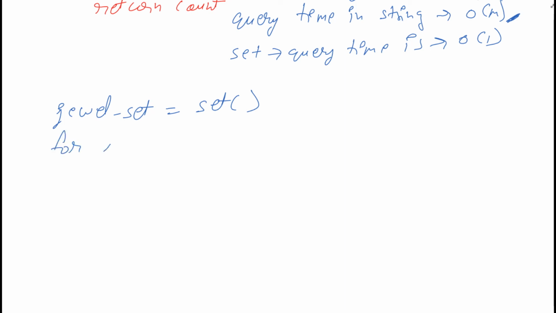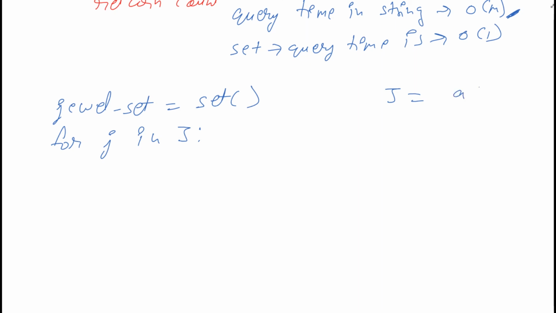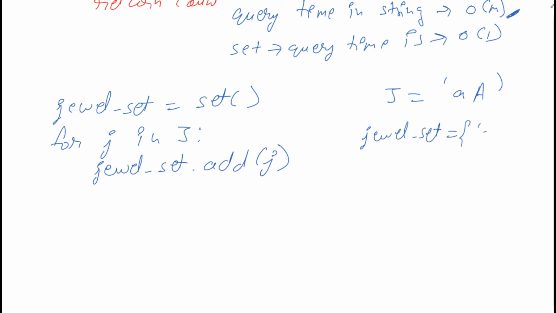How will we add all these? We will write for j in capital J. So this will iterate over all the jewels, and what are our jewels? Our jewels are a and A. So we will write jewel set dot add j. After running this, we will have a set named jewel set, and the values will be a and A.